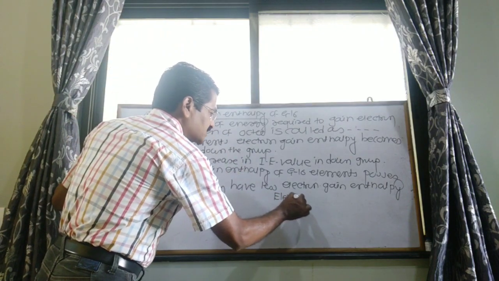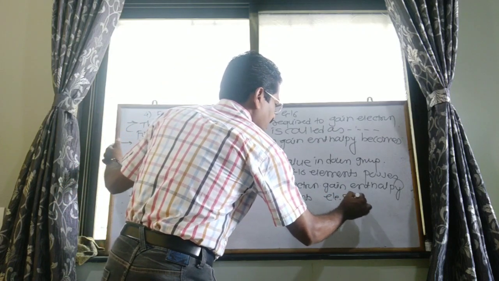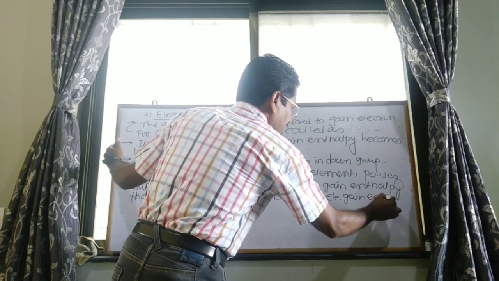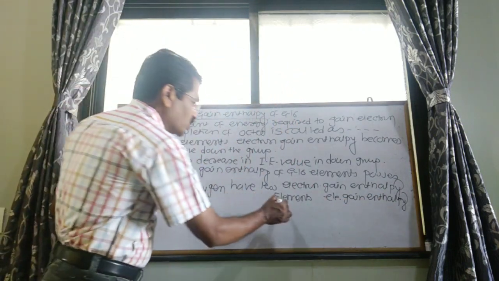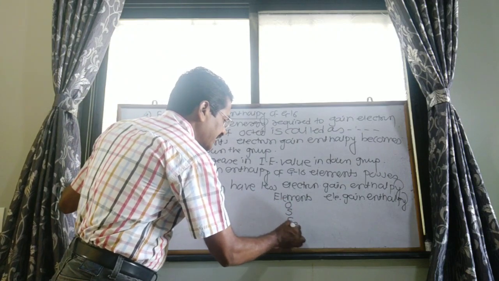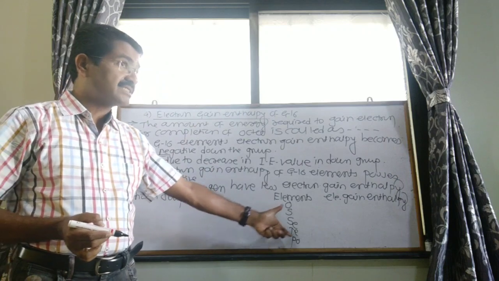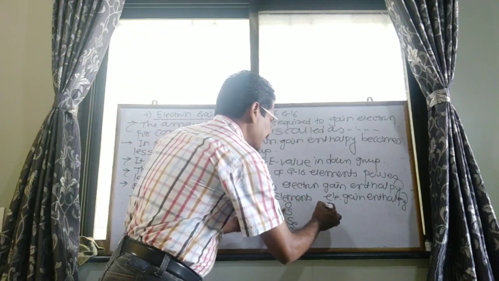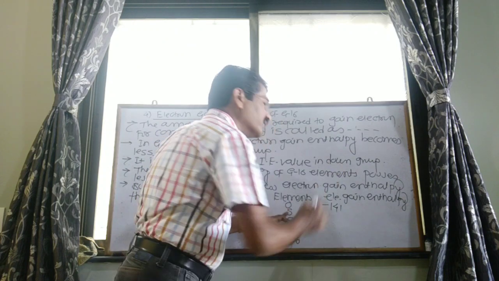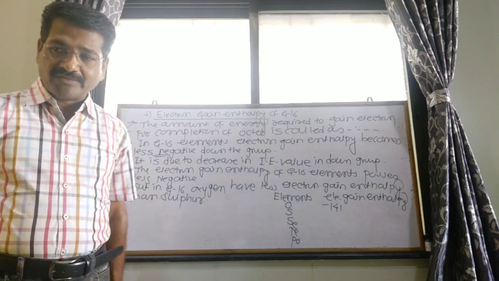The elements and electron gain enthalpy of Z16 elements. First element is oxygen, then sulfur, selenium, tellurium and polonium. All these elements possess negative electron gain enthalpy. Oxygen possesses minus 141.